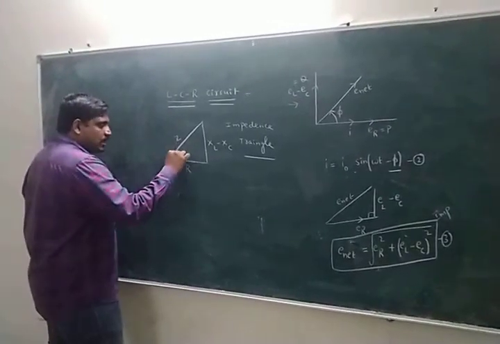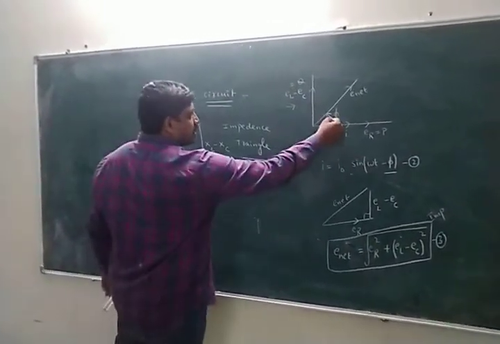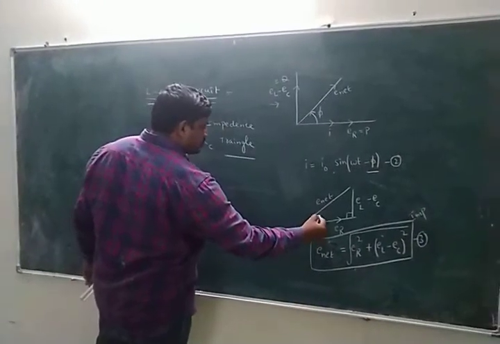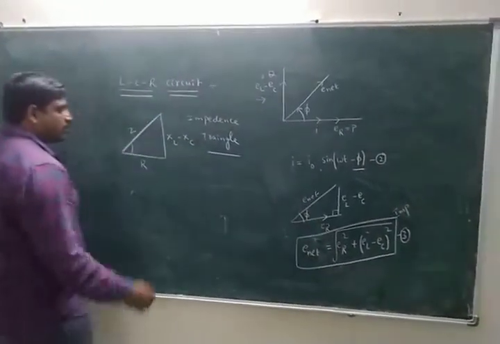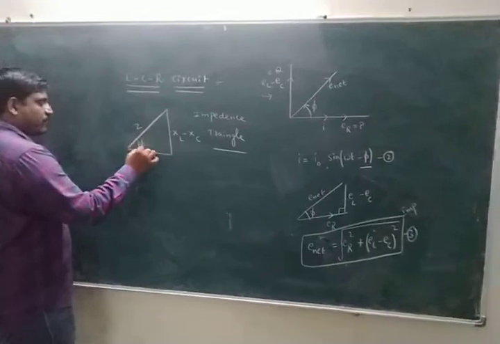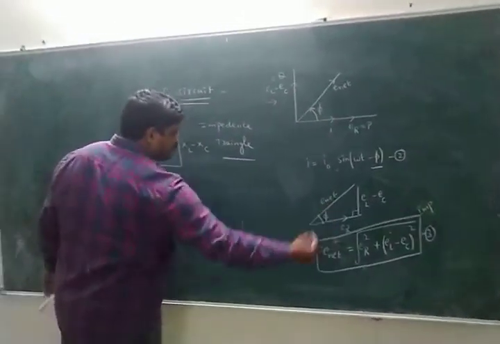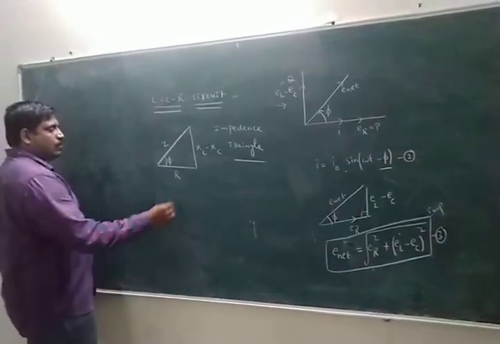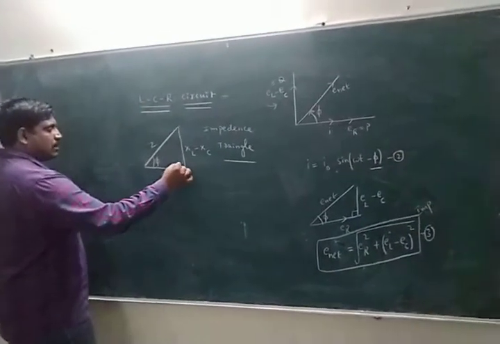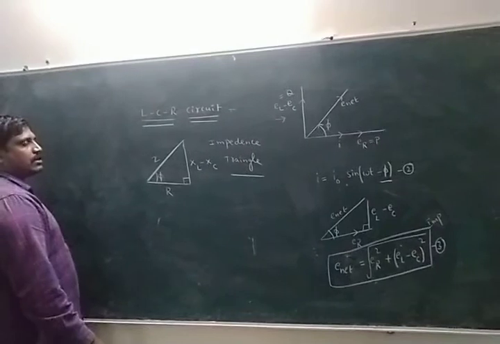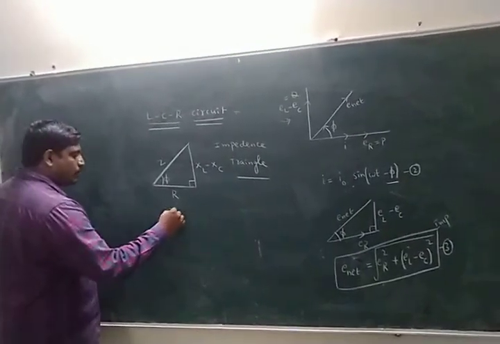What is this angle here? This angle is phi. Simply, this is also phi. Look here, phi, voltage and current. Here, Nana, what is the right angle triangle? In the right angle triangle, which theorem is applicable?